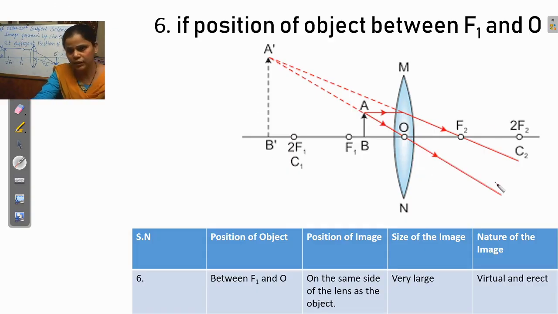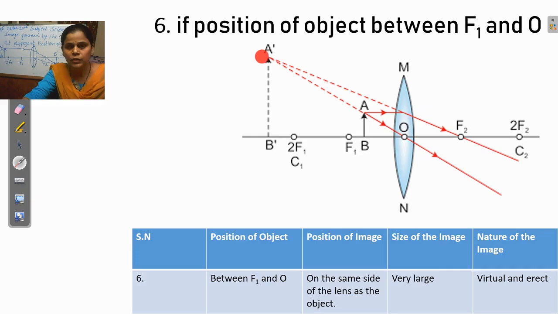If you extend these forward, the light rays don't intersect, but if you extend them on the back side, then you will get the intersection point. Just extend these lines backward and you get the intersection point, and the intersection point is the head of the image. Here the head of the object is A, so just draw the perpendicular line from the head to the principal axis.